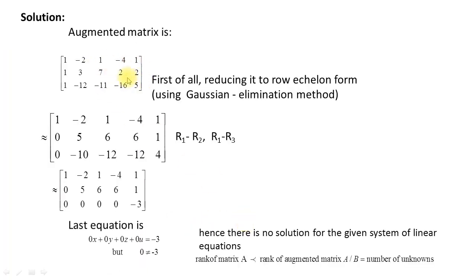This is the augmented matrix of the given system. So first of all we reduce this to echelon form using Gaussian elimination. Performing these operations: subtract R1 from R2, and then subtract R1 from R3.